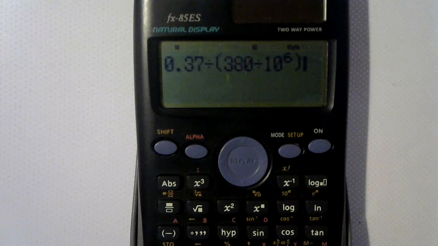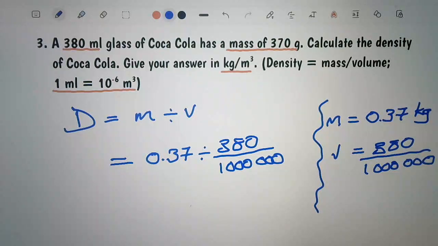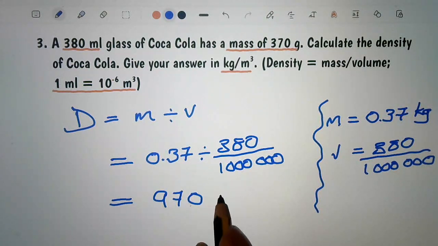Okay, let's press equals, and okay, press SD. 973. Okay, I'm going to call that 970 because I'm only working to two significant figures. So we've done the calculation and it's about 970.